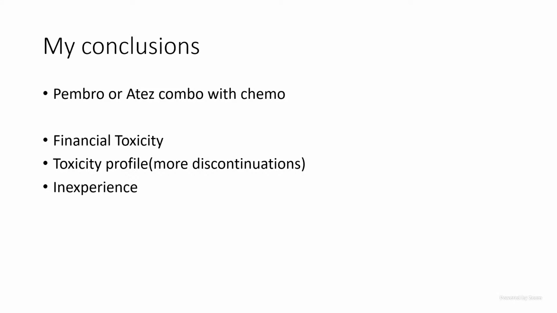Again, the toxicity profile is not very much different when you compare it with chemo plus pembro. Rather, there were more discontinuations than pembro plus chemo or the ABCP arm. So toxicity profile is not a reason why, just because patients want to avoid chemotherapy, we are giving the dual IO. So that is something which we need to ponder over when we consider dual IO versus pembro plus chemo or atezolizumab plus chemo combination.